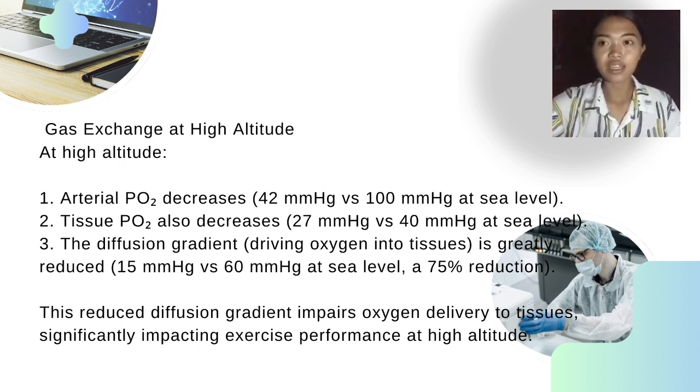Third, the diffusion gradient driving oxygen into tissues is greatly reduced to 15 mmHg versus 60 mmHg at sea level, a 75% reduction. So this reduced diffusion gradient impairs oxygen delivery to tissues, significantly impacting exercise performance at high altitudes.